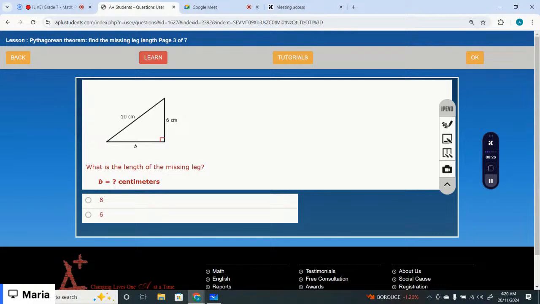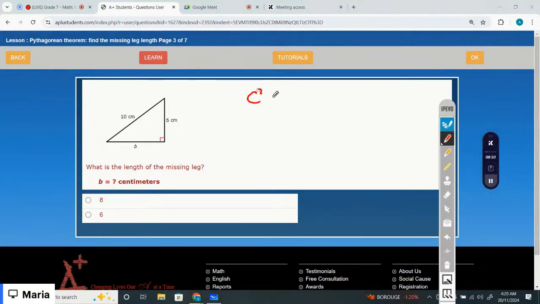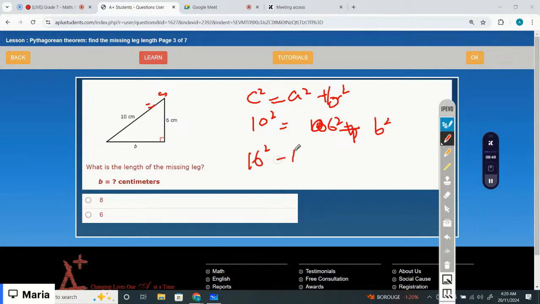What is the length of the missing leg? So let's just see how do we evaluate. We have to use the Pythagorean theorem, that is c square equals a square plus b square, right? Just put up the values. 10 square equals 6 square plus b square. So that is 10 square minus 6 square equals b square. That is 100 minus 36, 64 it is. So which is the correct option?